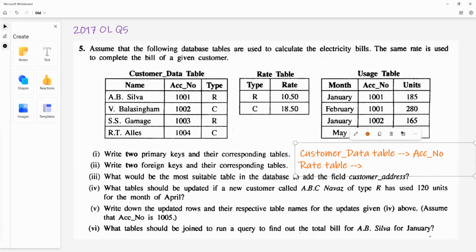Rate table. What is the primary key? Send to me in the rate table.